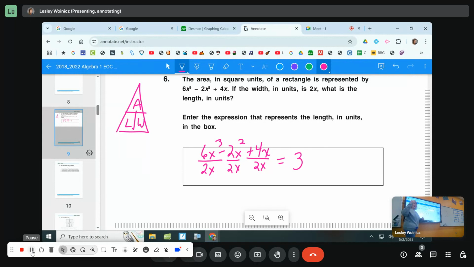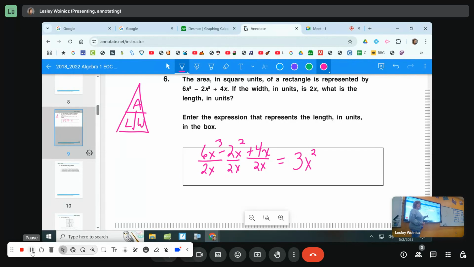Right. When we divide by the same base, what do we do to our exponents? Subtract them. Remember 3 minus 1? And another way to do that is, the bigger number's on top, your answer is going to stay on top. If the bigger number's on bottom, your answer is going to stay on the bottom. Okay? So that's going to be x squared.